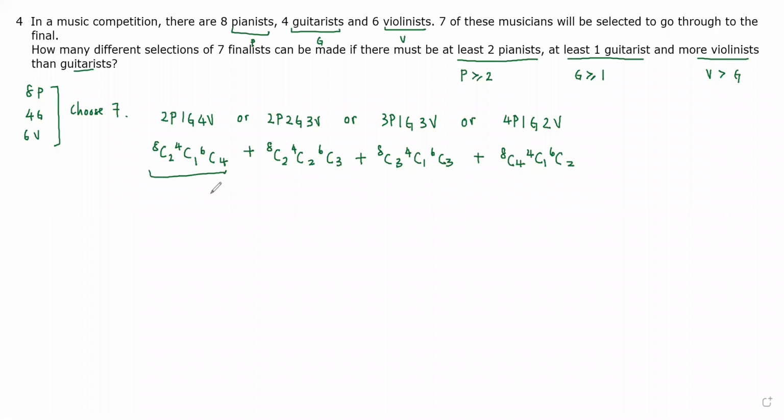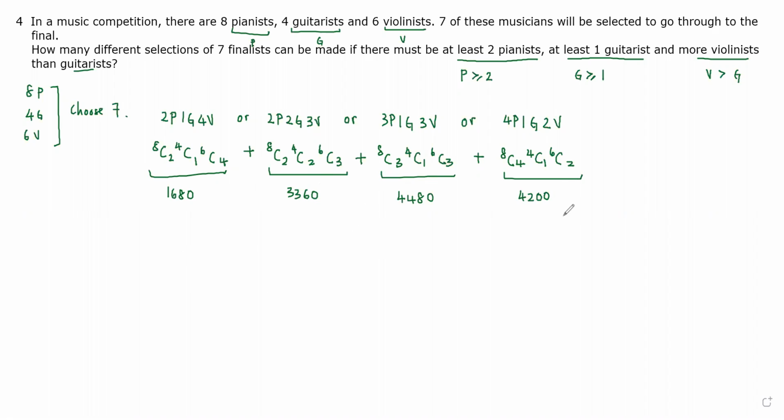You can compute this with your calculator. We get 1680. The second part is 3360. The third part, we have 4480. And the last, we have 4200.